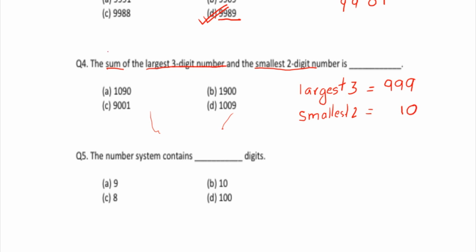And you have to find the sum. Sum means addition. So let's add. 9 plus 0 will give us 9. 9 plus 1 will give us 10. So carry over 1. So 9 plus 1 will give us 10. The answer is 1009. So the correct option will be number D.